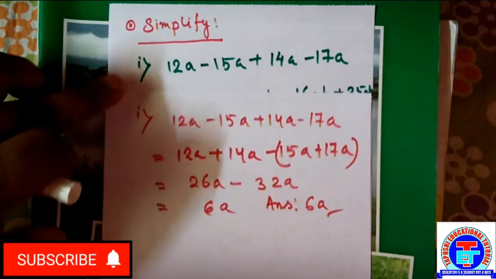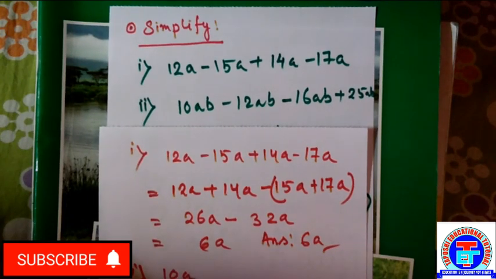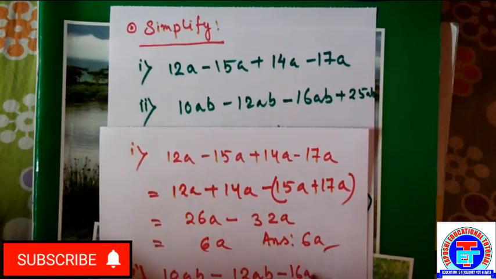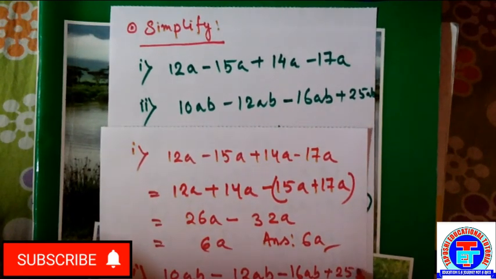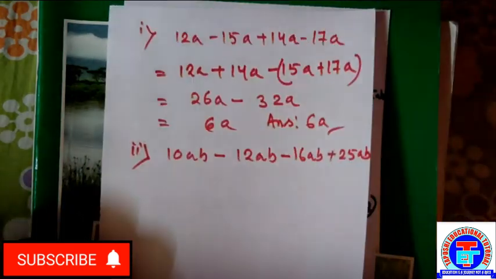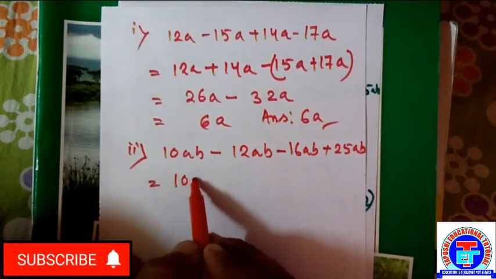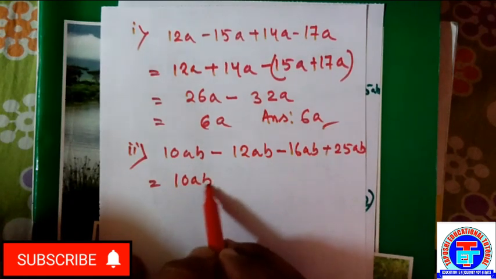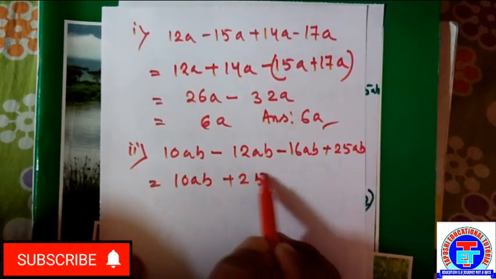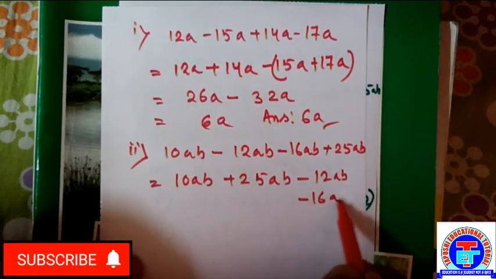Now number 2 is given here: 10ab minus 12ab minus 16ab plus 25ab. Okay student, now we solve this problem. We arrange all the plus terms together, 10ab plus 25ab, minus 12ab minus 16ab.